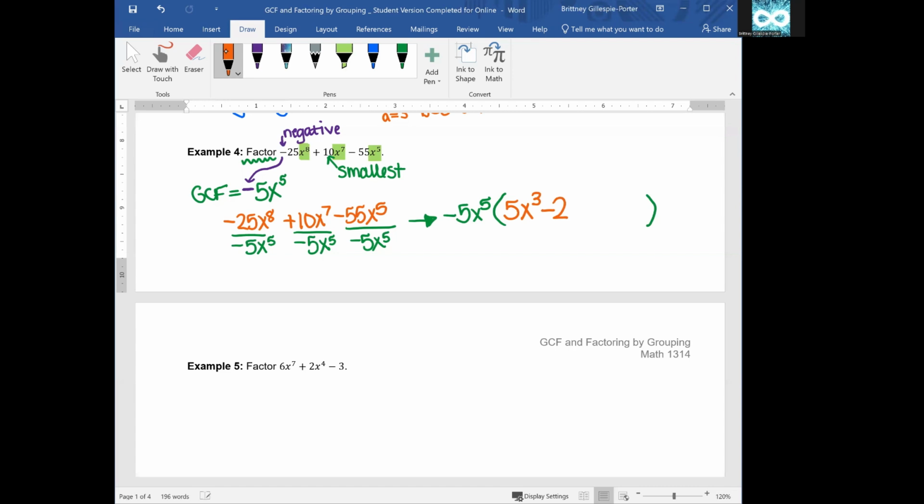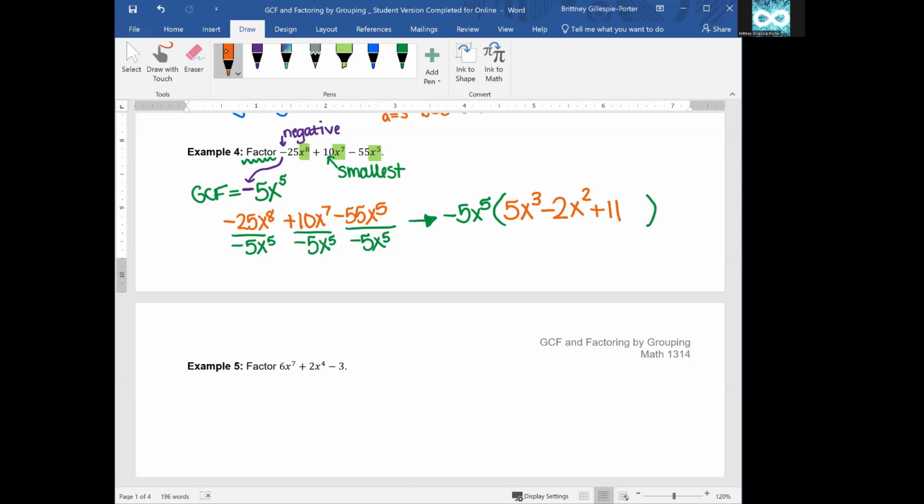We have x to the 7th over x to the 5th. 7 minus 5 gets us 2, so we're going to have an x squared. Negative 55 divided by negative 5 is a positive 11, so we're going to put plus 11. And then our x to the 5s cancel out. It winds up being just a 1, and we don't have to write 11 times 1.